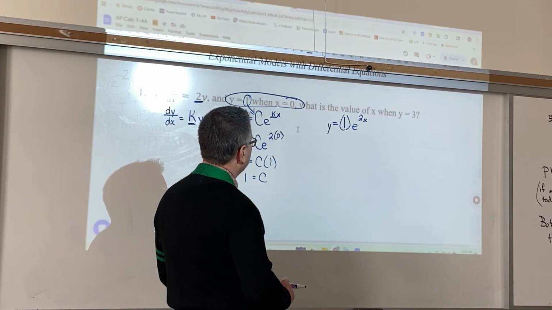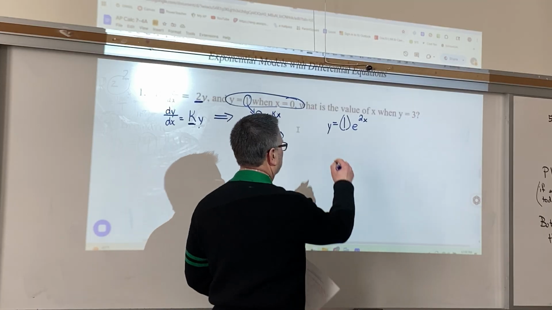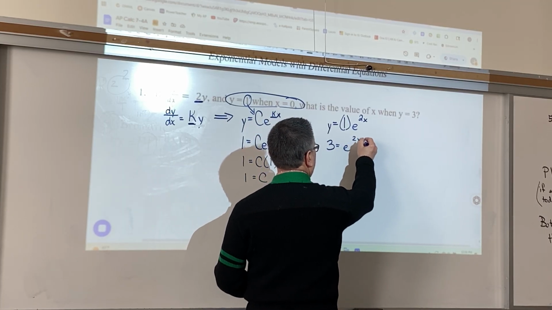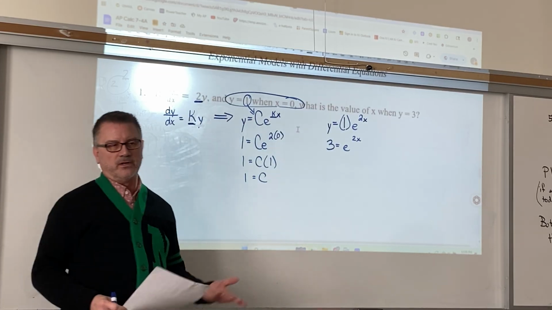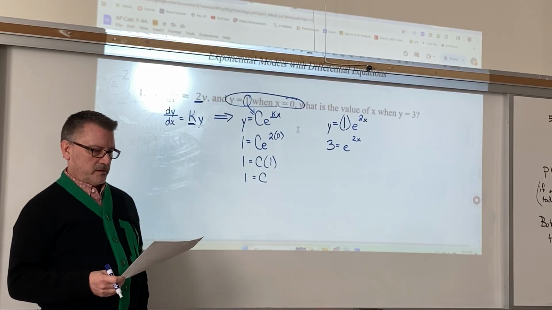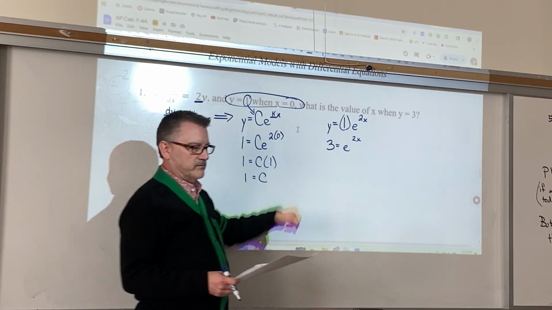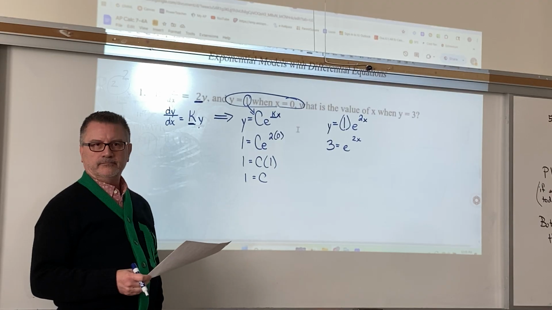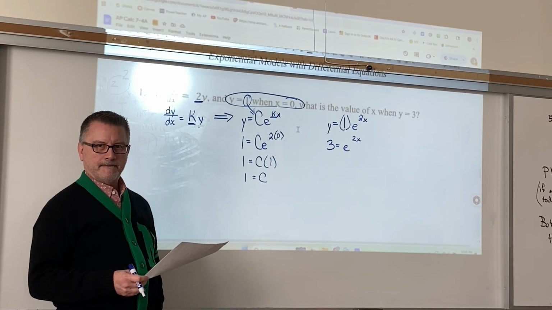So what's the value of x when y is 3? 3 equals e to the 2x, 1 times e to the 2x. If it wasn't 1, it'd be whatever. And so you probably have to divide that over there, which we will. Put it back in natural log.